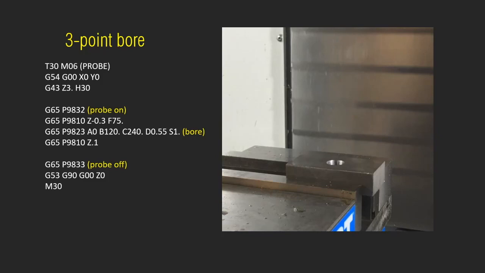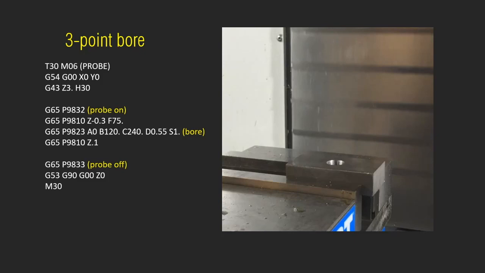When I say may not be quite as accurate, it's still pretty accurate, but the 4-point often is a better way to go. If you can use a 4-point, probably just go ahead and use a 4-point. But the 3-point can be very handy in certain situations as a problem solver, where I can't measure it, or maybe it's a cast surface and that's right where the parting line is, and that's not representative of where that hole is. A 3-point might be able to get me past that.